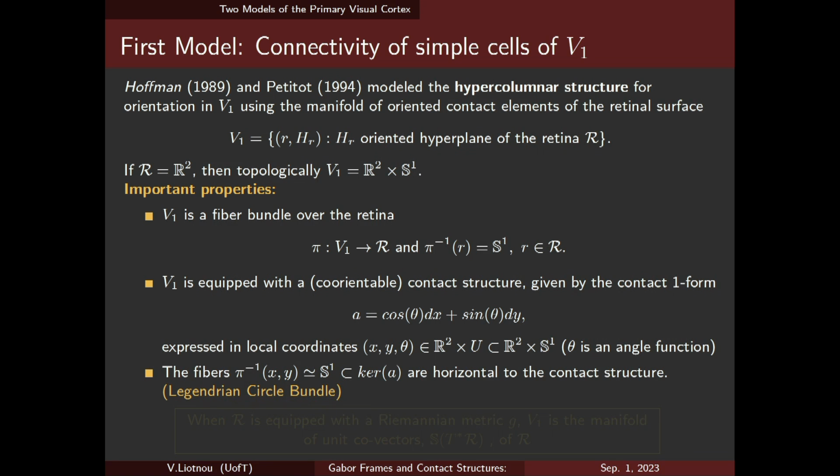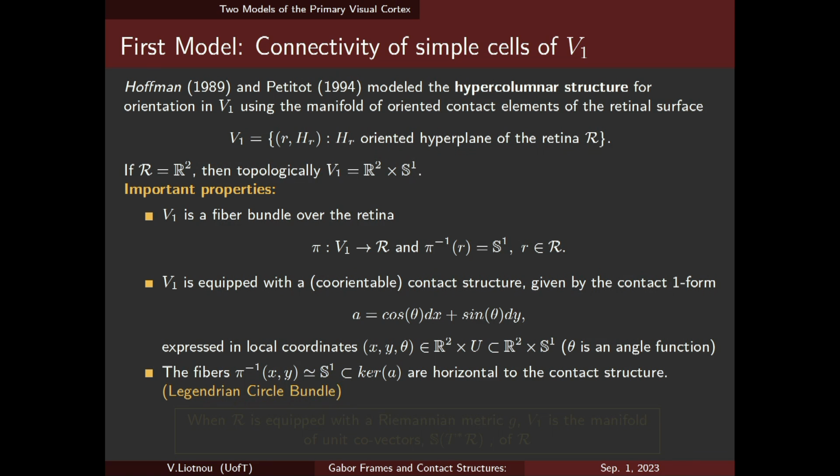The important properties from this model that I would like to focus on are, first of all, that this brings the fiber bundle structure on the visual cortex over the retina, where the base is the retina and the fiber is isomorphic to the circle, giving all the different orientations.